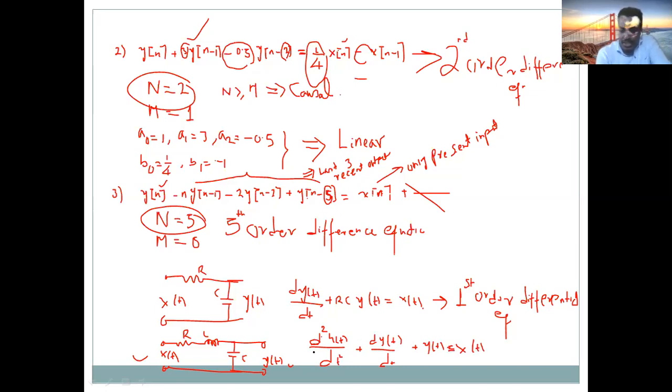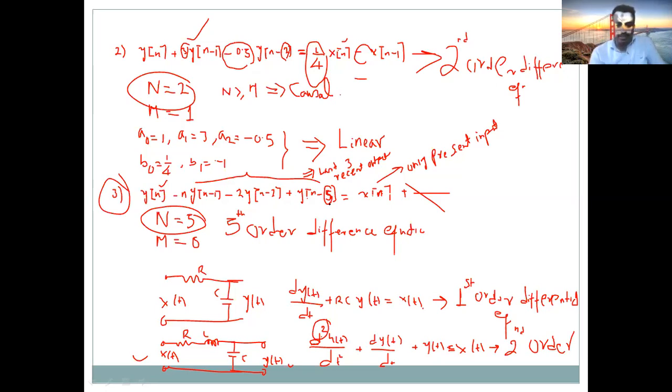It is a differential equation, but second order. We call it second order differential equation. This is for analog. Similarly, when you come to discrete, we'll have first order difference equation, second order difference equation. As you can see, this example 3 is a fifth order difference equation.